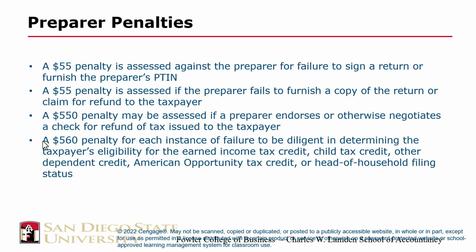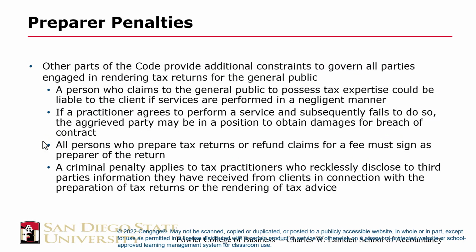So all of those things result in generally a lower tax, and they can be complex or confusing or subject to abuse. And so there's some due diligence that a preparer is required to do, and if they fail to do that, they can be subject to a penalty.